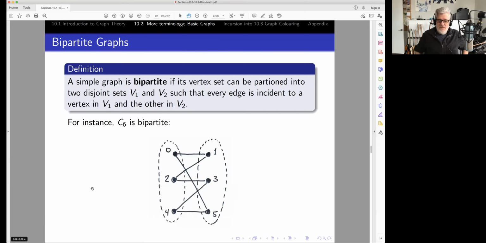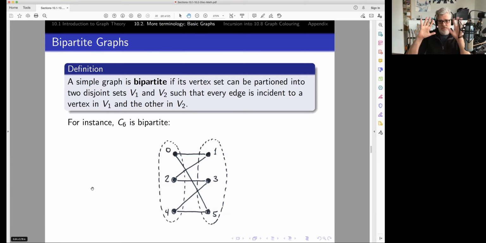We'll say a simple graph here, no loops, no orientation. Bipartite graphs are super important for algorithms, and I'll try to explain a little bit why in just a few minutes. A simple graph is bipartite if it has the following property: you can partition the vertex set into 2 pieces.